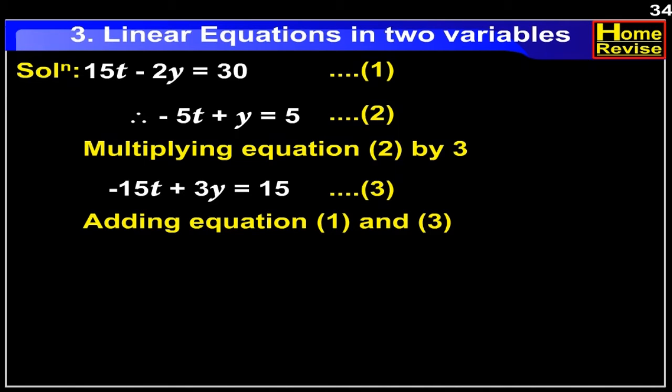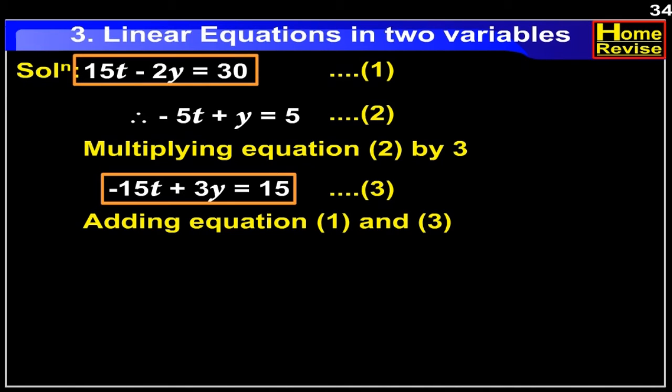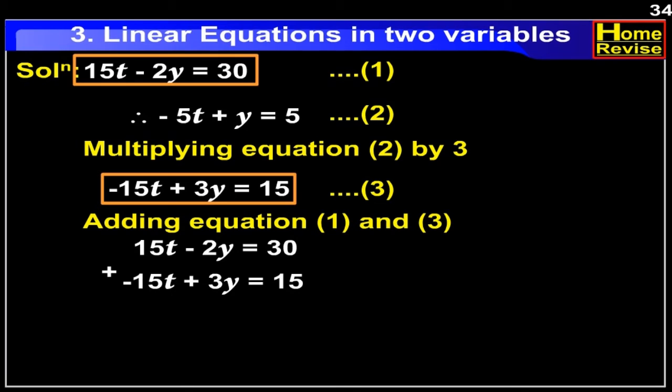Adding equation 1 and 3, we get 15t minus 2y is equal to 30 plus minus 15t plus 3y is equal to 15. Here plus 15t and minus 15t get cancelled out and we have y is equal to 45.